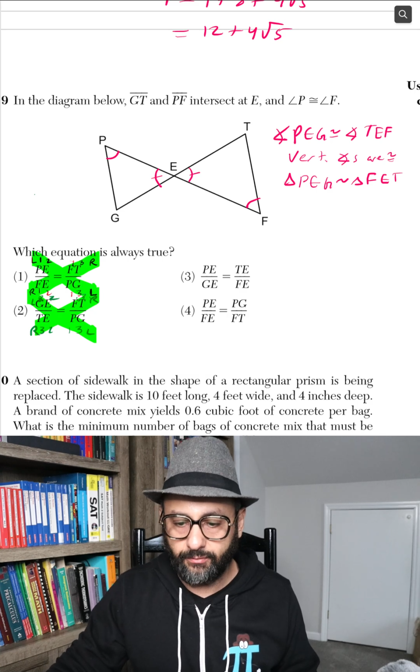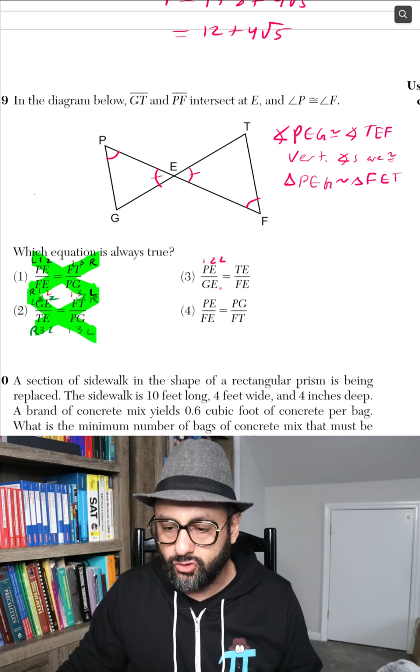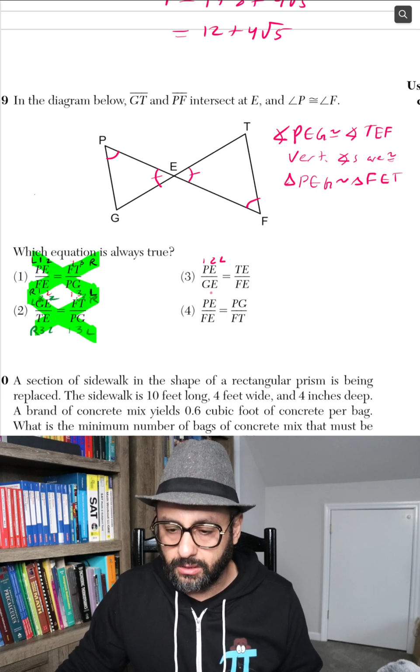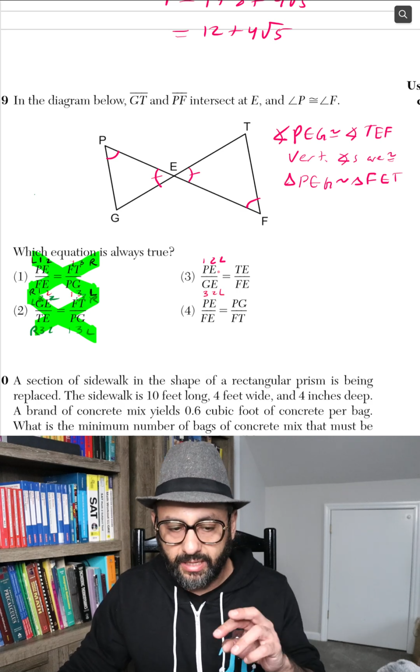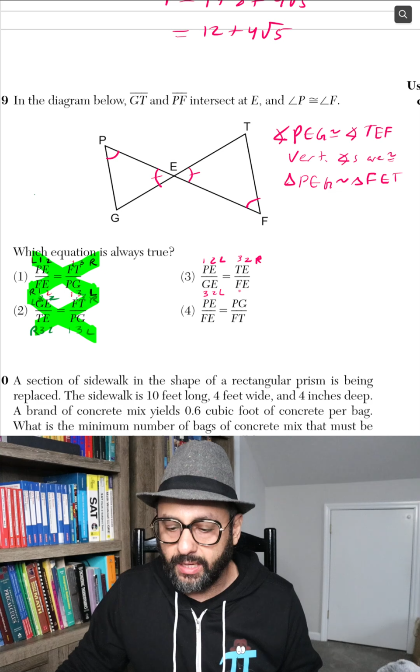Same deal for choice 3. PE, which is 1 and 2 on the left side triangle, over GE, which is 3 and 2 on the left side. Now they've got left over left, which is okay on the same side. Now on the right side, we got TE, which is 3 and 2 on the right side, and we got FE, which is 1 and 2 on the right side.